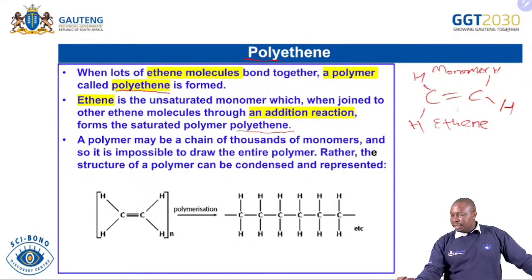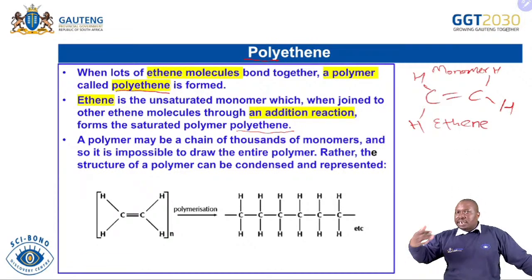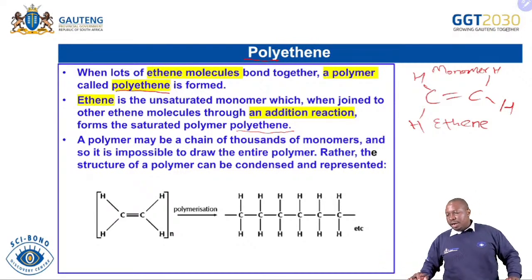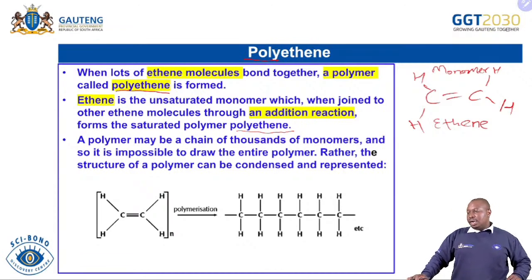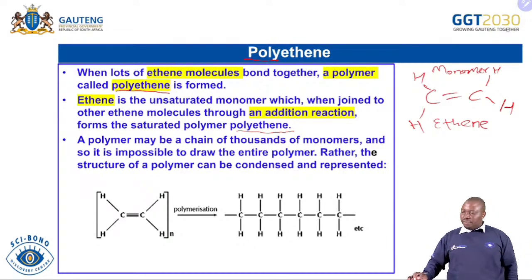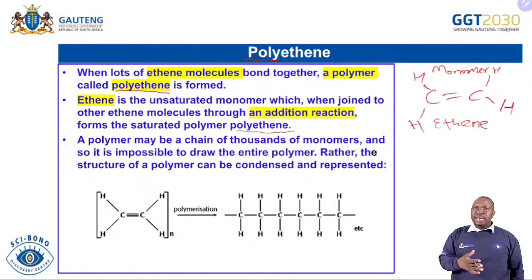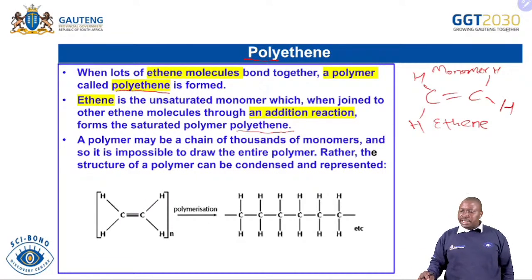A monomer called ethene, we bring another monomer, which is another ethene, and many repeating themselves. Hence, we refer to it as polyethylene. We are going to add a lot of these ethenes together to form polyethylene, which is a polymer. A polymer may be a chain of 1,000 monomers. So we can have 1,000 of these ethenes joined together in order to form polyethylene.